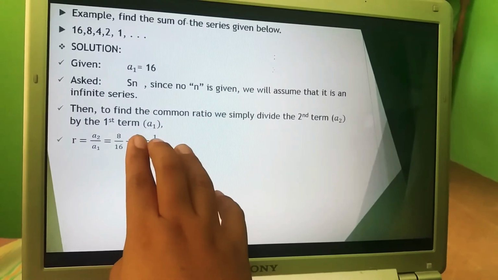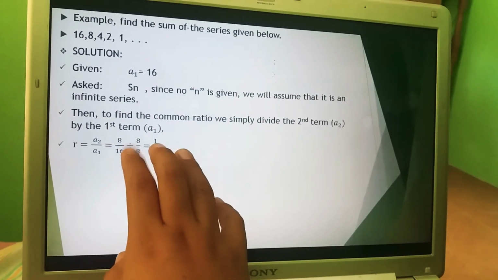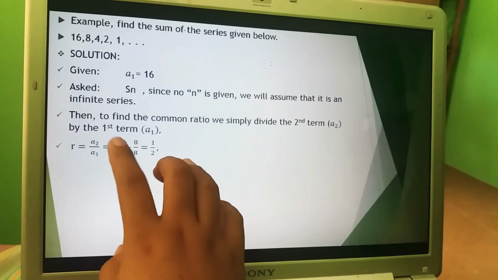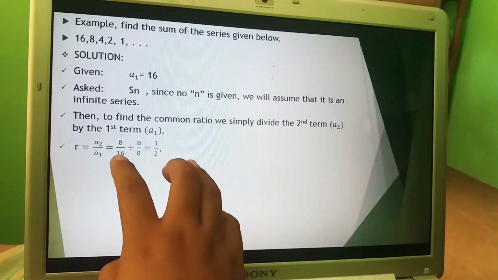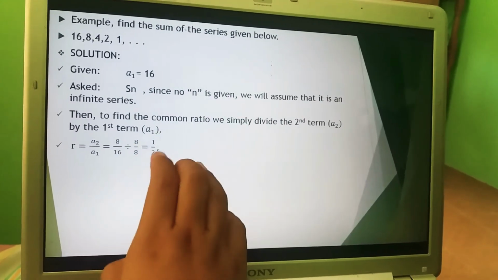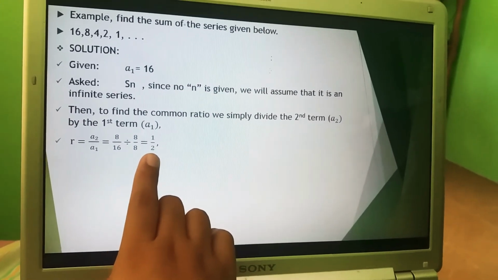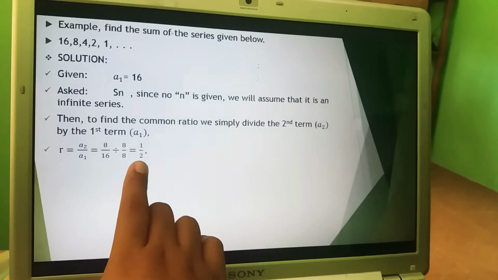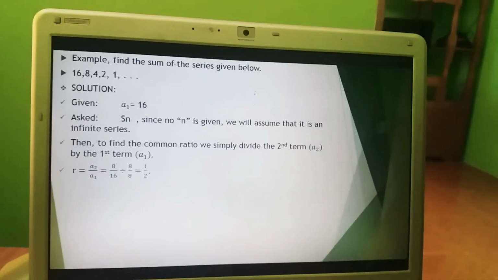We just need to divide it with a common number, which is 8. We divide 8 over 16 by 8 over 8. So 8 divided by 8 is equal to 1. 16 divided by 8 is equal to 2. So the common ratio of the series 16, 8, 4, 2, and 1 is 1 half. Okay.